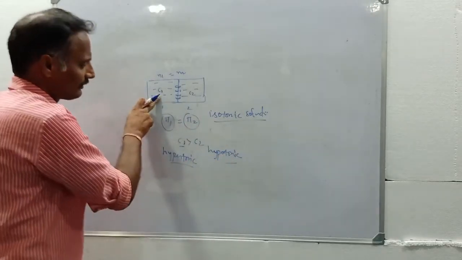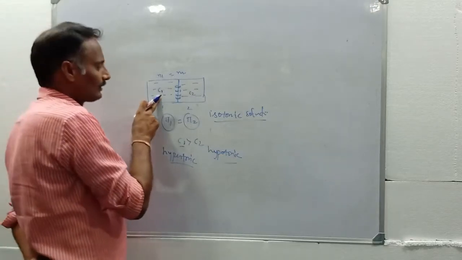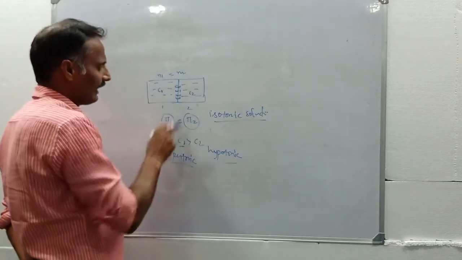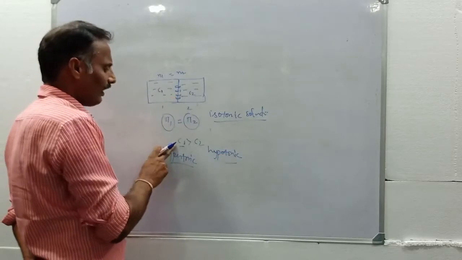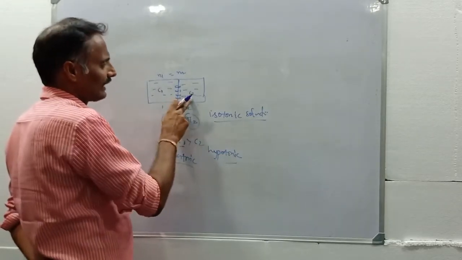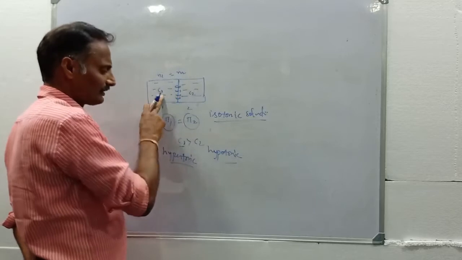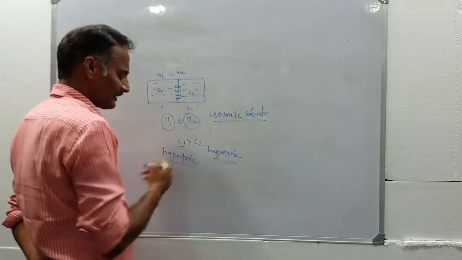A solution which has higher osmotic pressure than a given solution is called a hypertonic solution. A solution which has lower osmotic pressure when compared to a given solution is called a hypotonic solution.